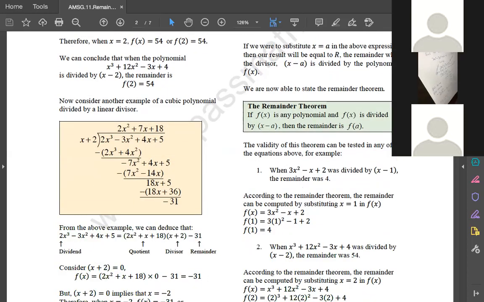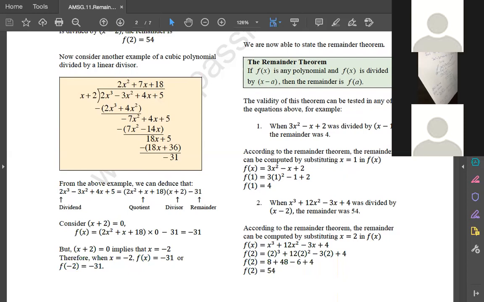So the validity of this theorem can be tested in any of the equations above. For example, when 3x squared minus x plus 2 was divided by x minus 1, the remainder was 4. So when we use the remainder theorem, we are definitely going to get 4.